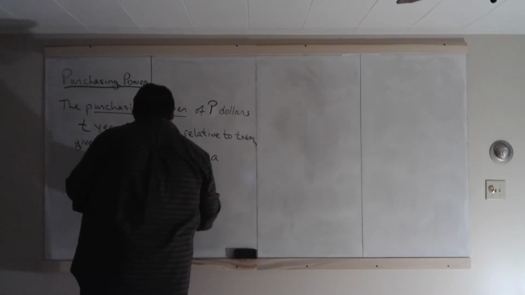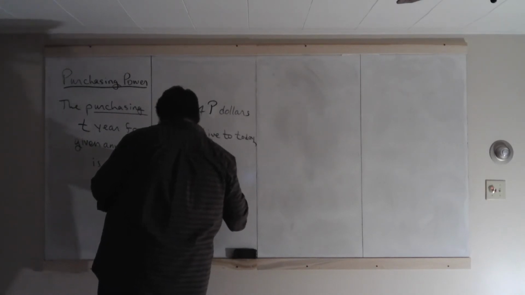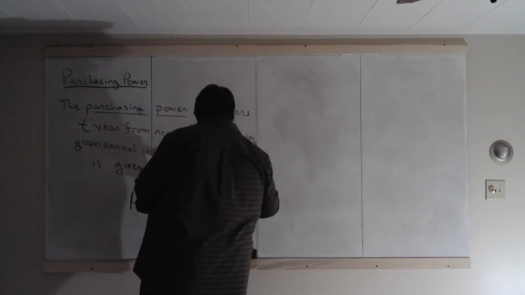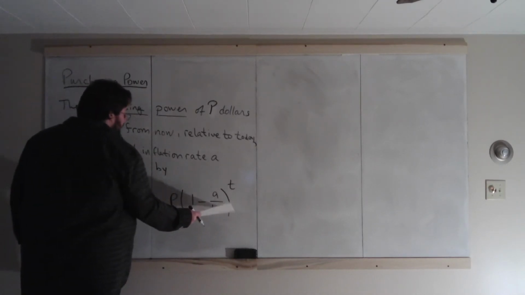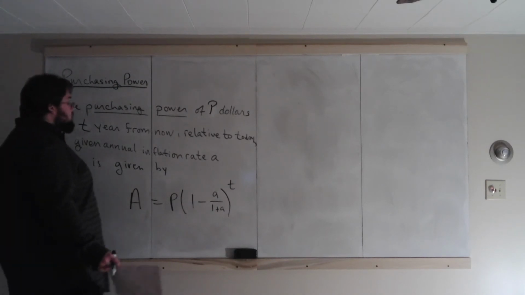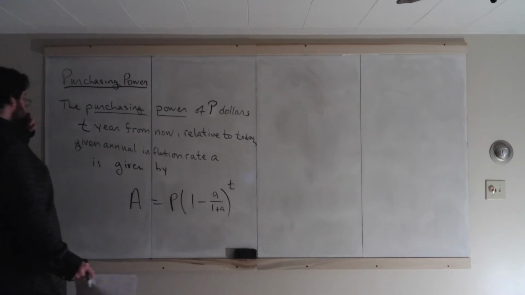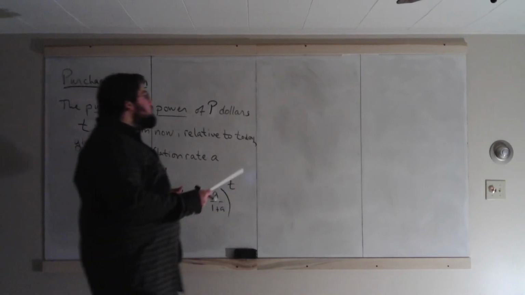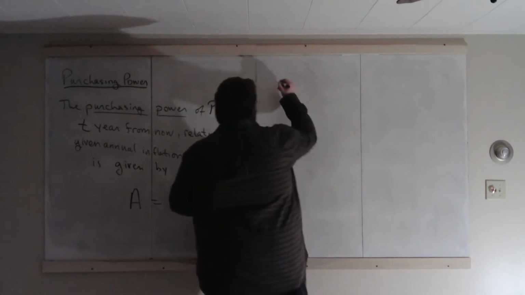P times (1 minus A over 1 plus A) all to the t. So we have P times how the dollar is devaluing at a certain rate, and that happens each year. So let's look at an example. I have an example on this side.